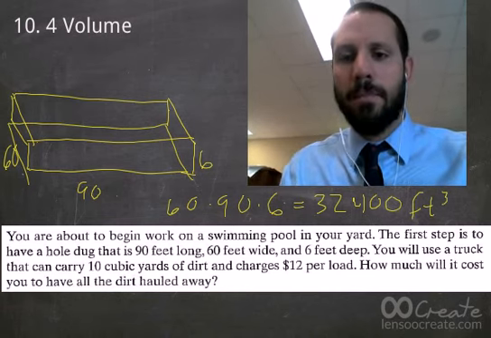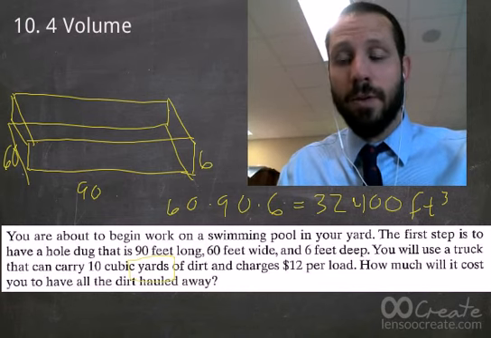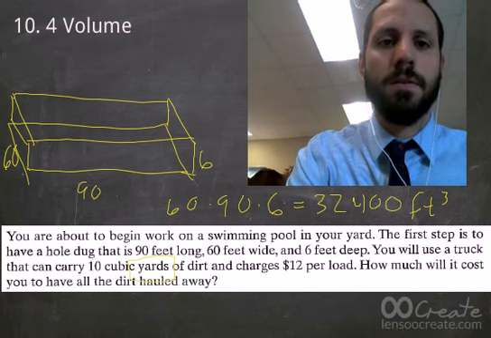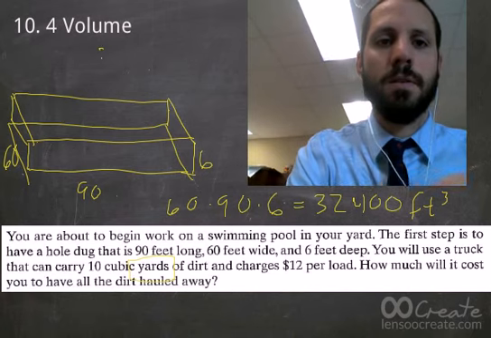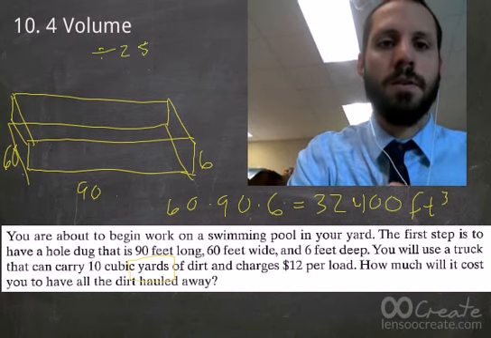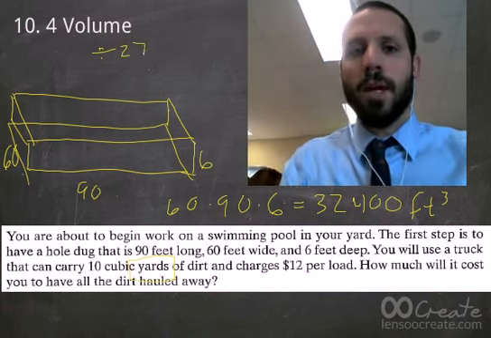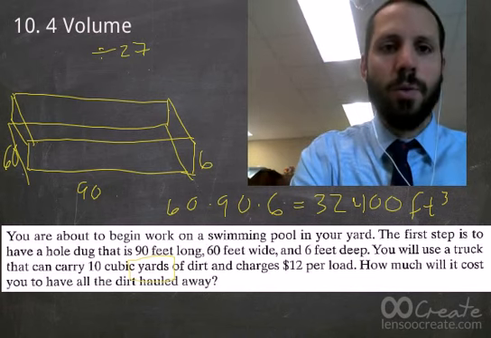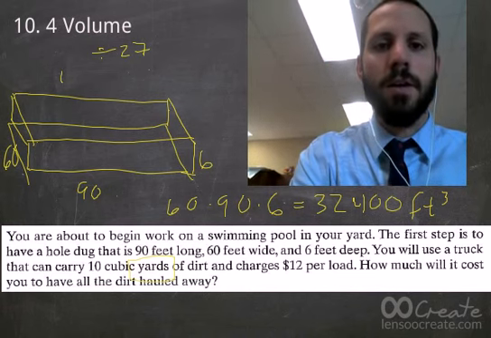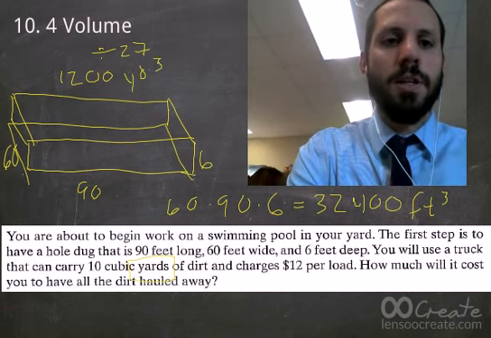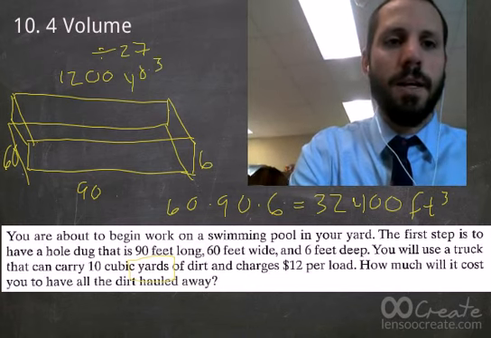But the truck we're talking about takes out cubic yards. So we would have to divide cubic feet by 27. And then we'll get our cubic yards. So we get 1,200 yards cubed. Now we've got some division to do.